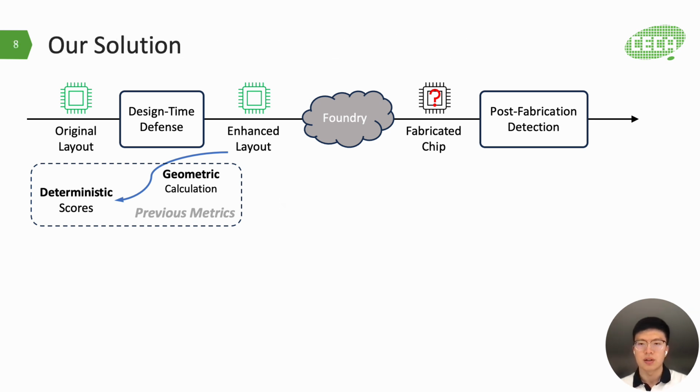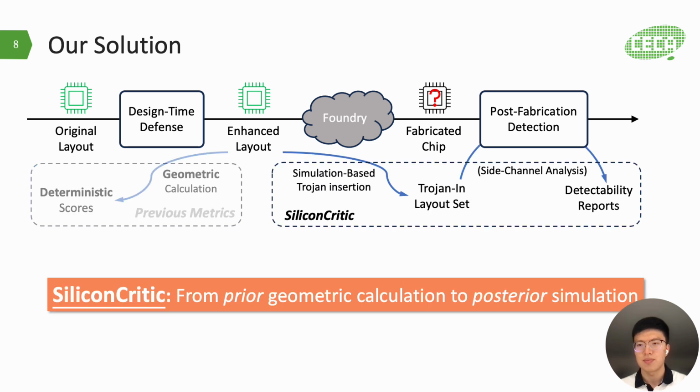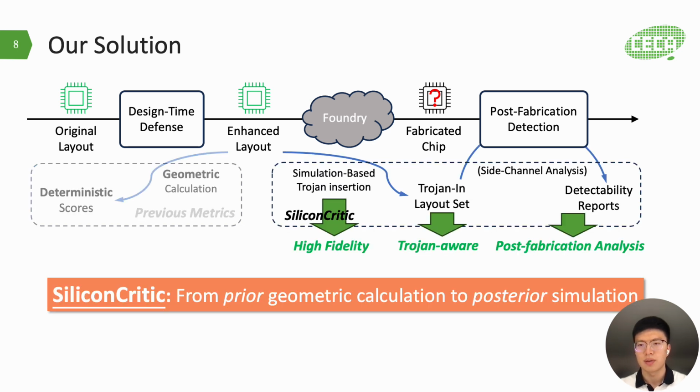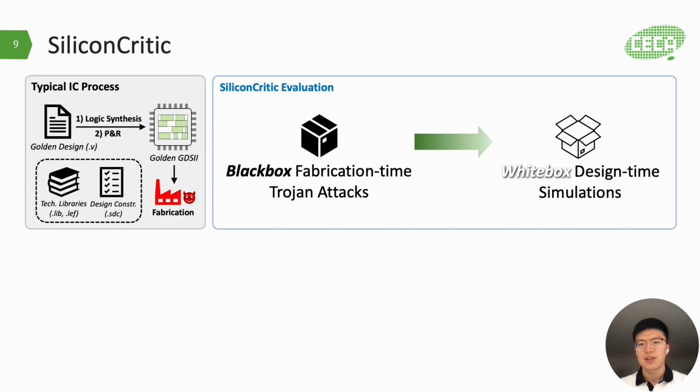Therefore, in this work, we propose SiliconCritic, a simulation-based, Trojan-aware framework for layout vulnerability evaluation. The basic idea of SiliconCritic is to simulate the black box fabrication time Trojan attacks with white box design time techniques.